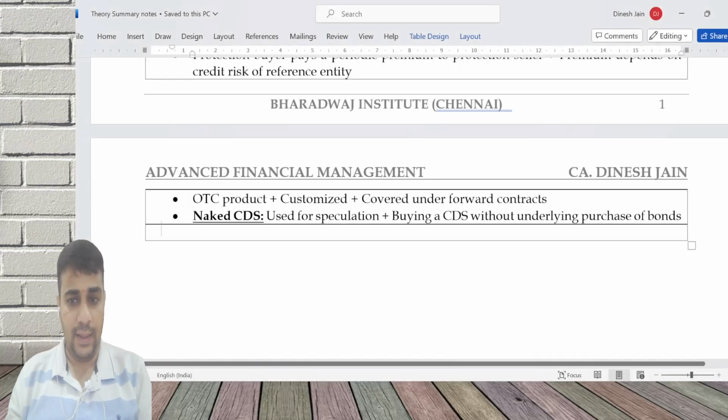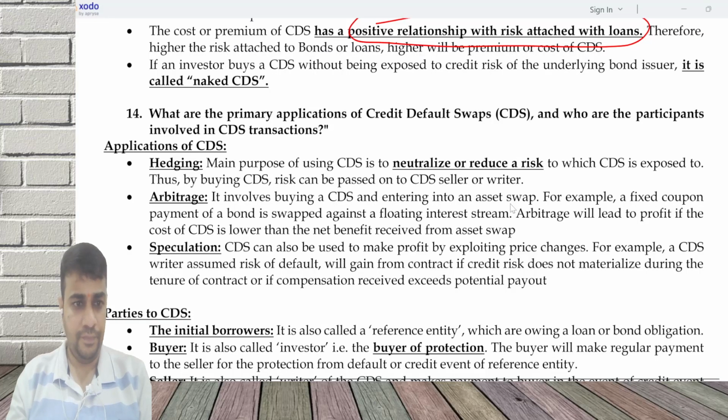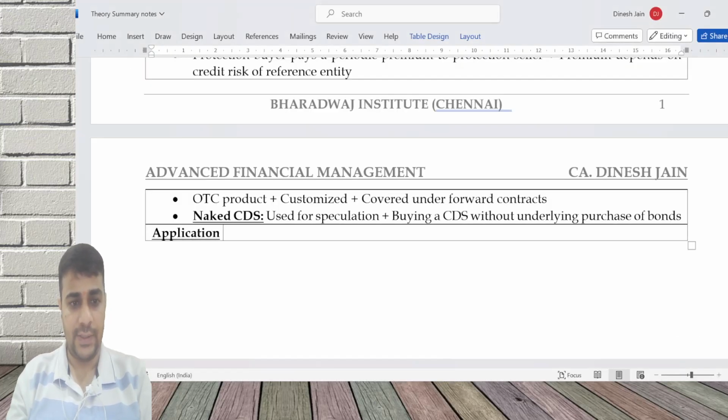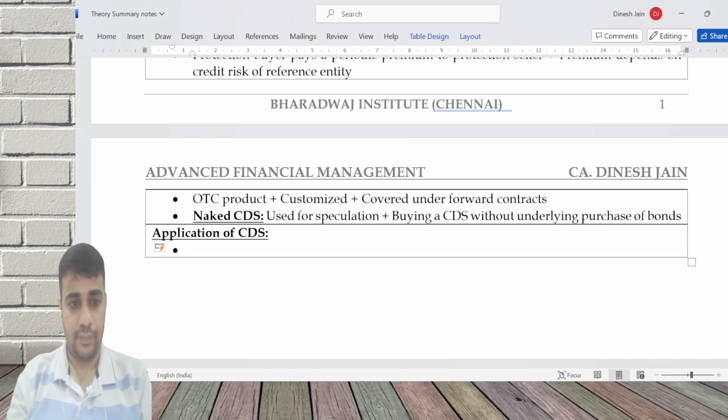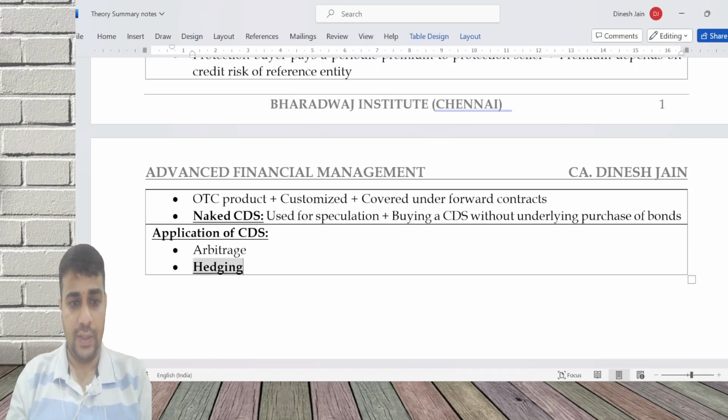Still, I'll quickly write some points here. Application of CDS: arbitrage, hedging, speculation.